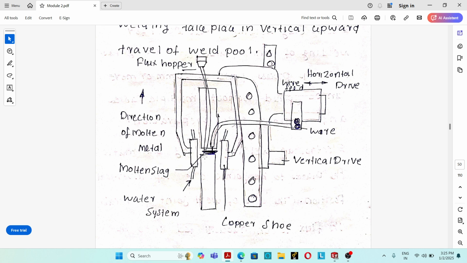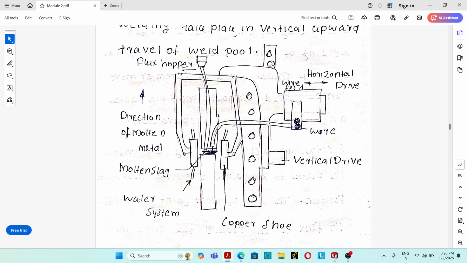Once more, during the welding process, initially a steel wool is placed between the electrode and the workpiece to be joined, and electric current passes and the electric arc is created. At the same time, from the flux hopper, the flux flows to the welding area. Due to the high temperature of the electric arc, the flux is converted into molten slag. Once the molten slag touches the electrode and the workpiece, the arc extinguishes, and the electric current passes through the molten slag.